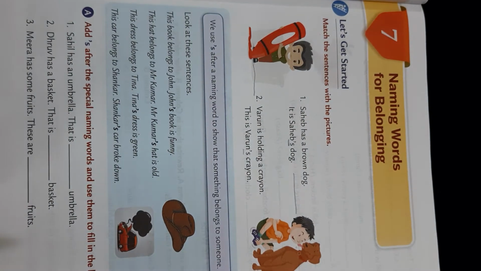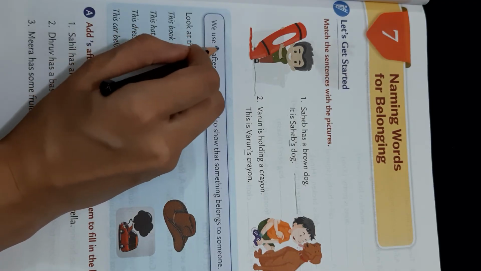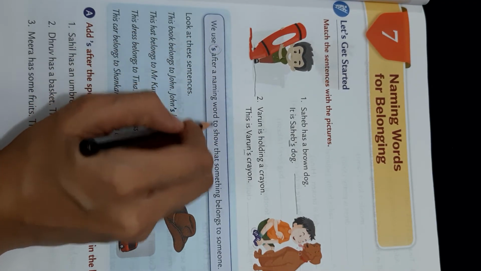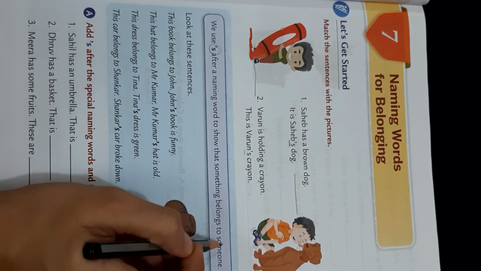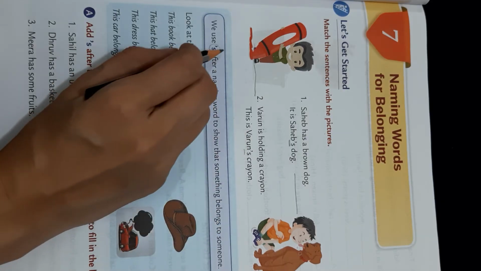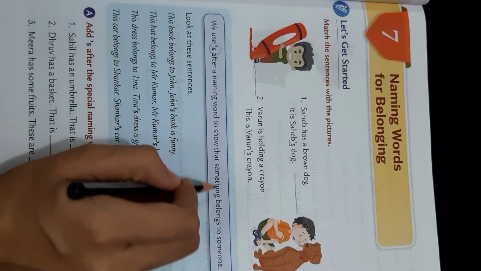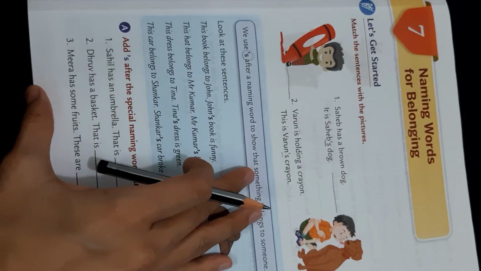Okay, now read further. We use apostrophe S after a naming word to show that something belongs to someone. Here is the naming word. Okay, so we have used this apostrophe S after the naming word to show that something belongs to someone. Look further.